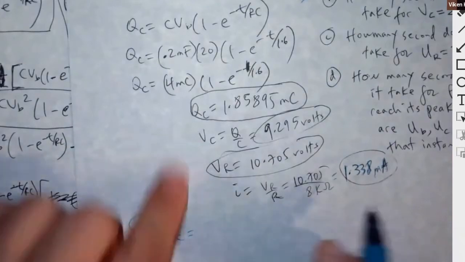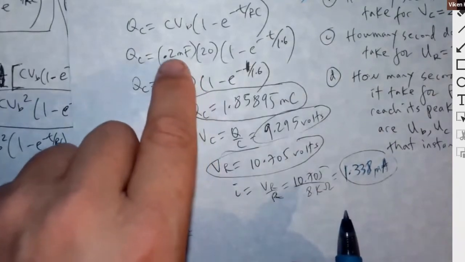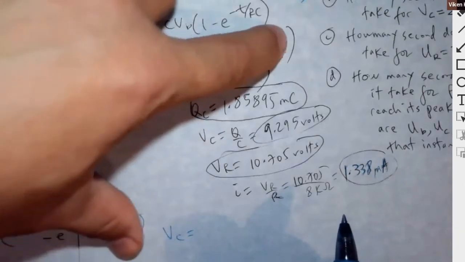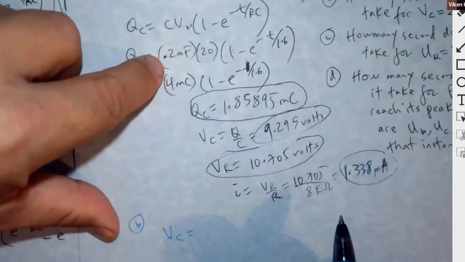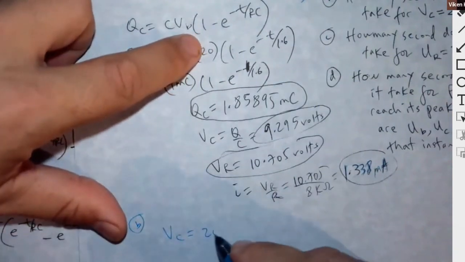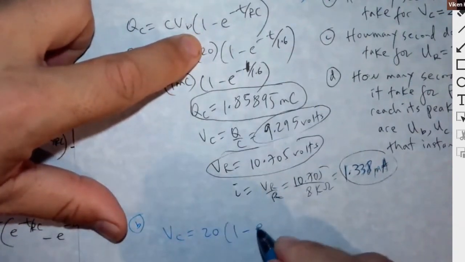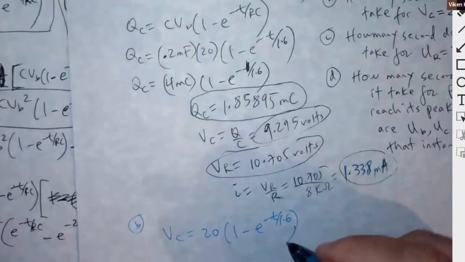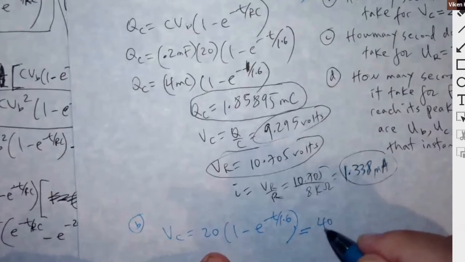It's just simply this equation without the 0.2 millifarads. So it's just 20 times 1 minus e to the minus t over 1.6, right? And we want it to equal 40 over 3.